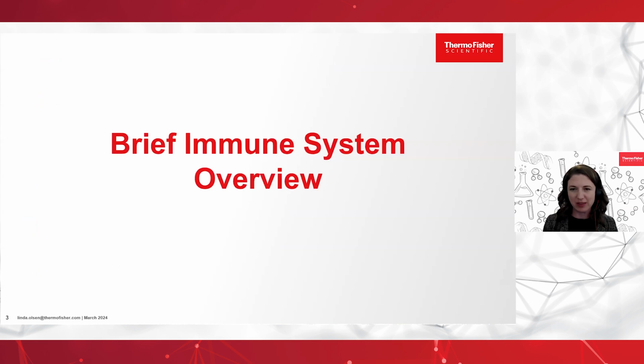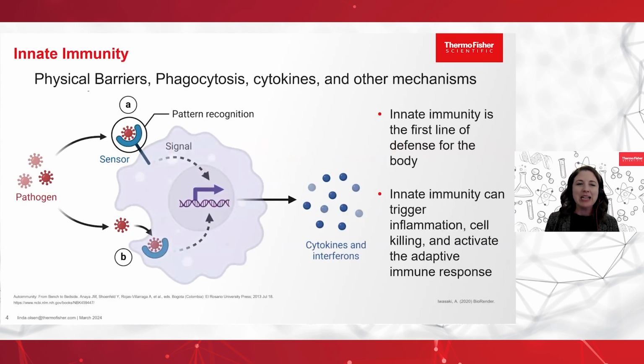First, beginning briefly with the immune system. We have certain aspects that are innate. They are physical barriers, phagocytosis, which is cells which can ingest pathogens, cytokines, which are chemical messengers, protein messengers that stimulate further actions by the immune system, and other mechanisms.